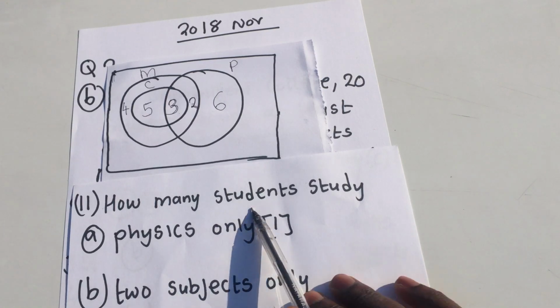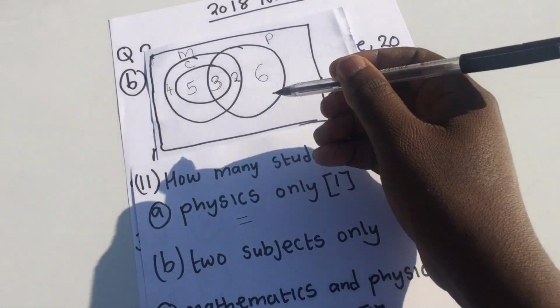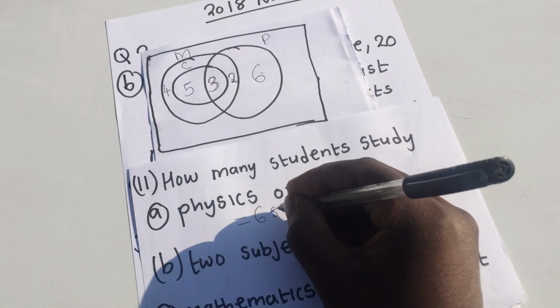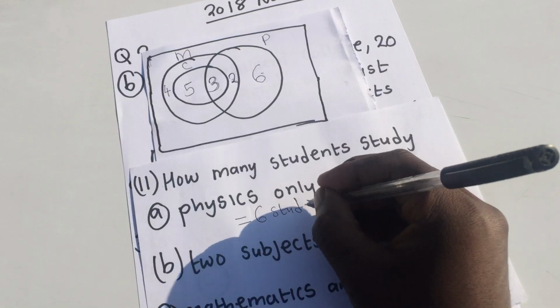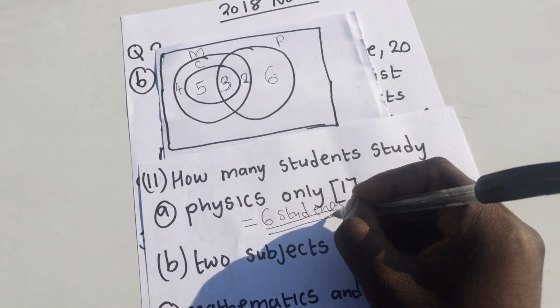Now, since they said physics only, it means you just get the number, which is 6 students. So there are 6 students who study physics only.